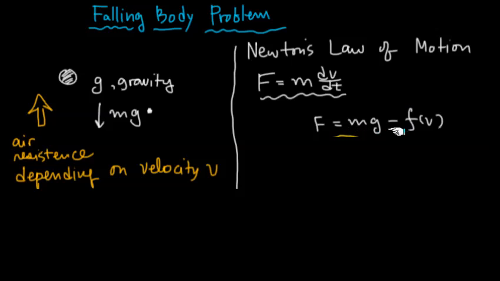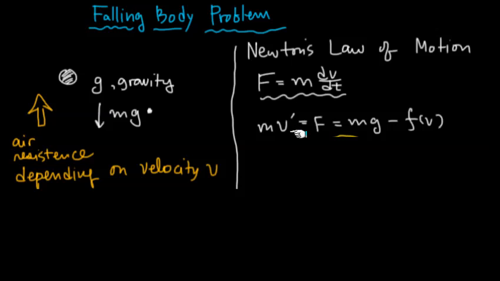In that way we can kind of see what's happening, but it is not so easy to predict exactly what happens to v(t) continuously as time increases. So we connect these forces by Newton's law of motion, m times the acceleration. We can write this as a first order differential equation of v.